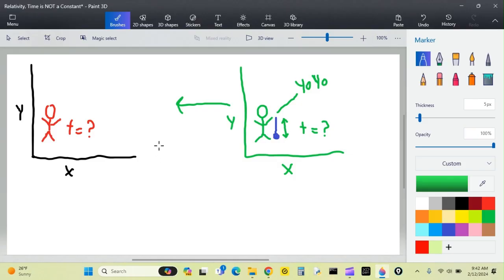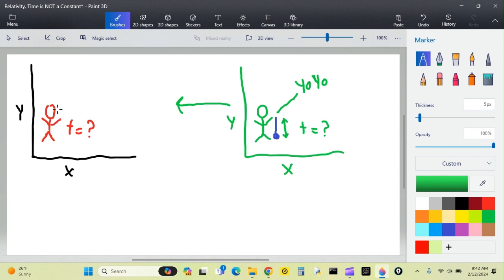The x dimension, as the stationary observer sees it, is changing with time because it's coming toward us. So I'm going to look at a little picture and we're going to talk about that and try to do some math with just that easy part. All right, then. Here's the picture.